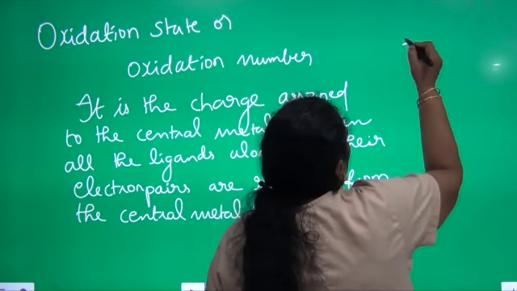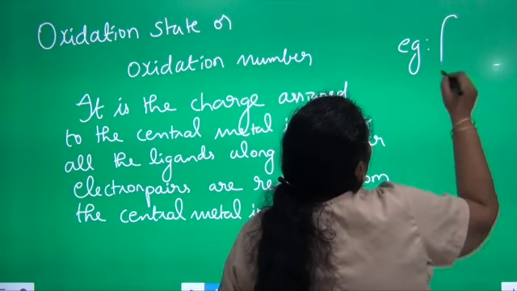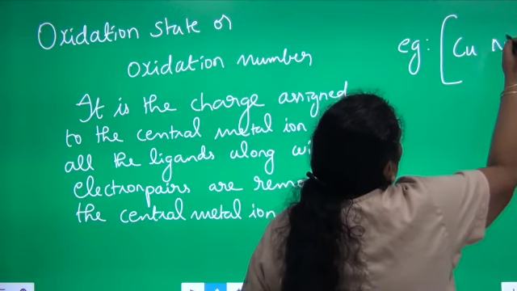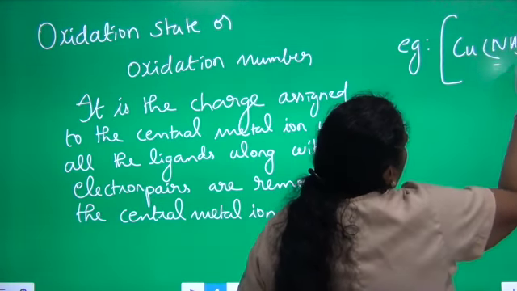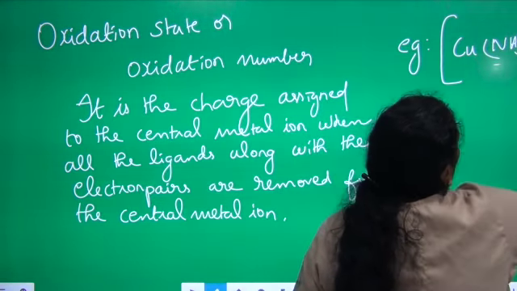Now we are going to see examples. For example, Cu(NH3)4 2+. Here the central metal ion is copper. So now the oxidation state of copper is +2.